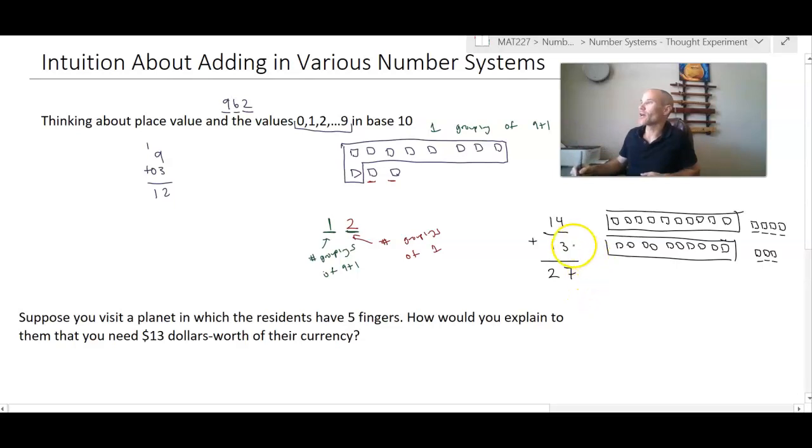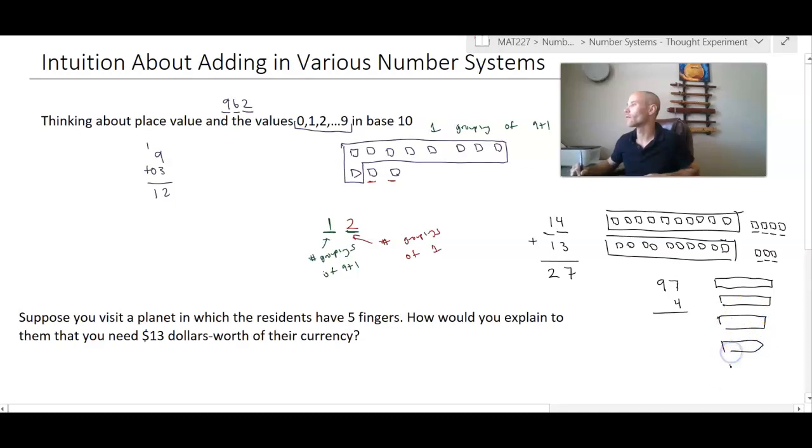This same type of logic applies whenever we have a number like 97, and we add to it something like 4. I'm not going to draw out all of the groupings of 9 plus 1, but I have 9 groupings of 9 plus 1.